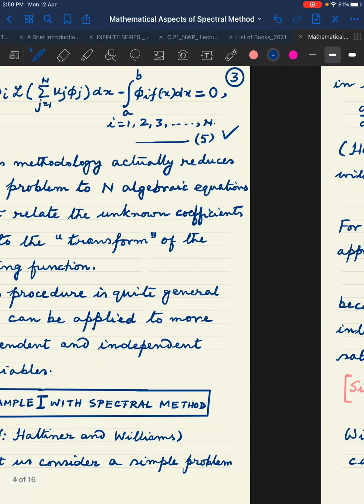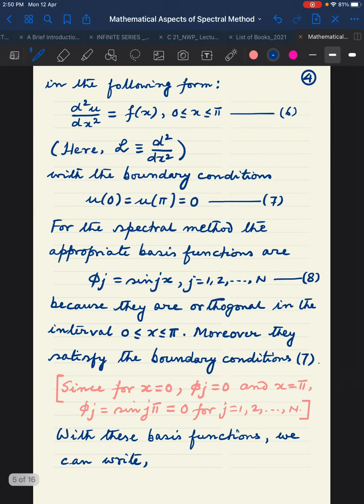So let us consider a simple problem in the following form 6: d2u dx2 equal to fx, in the domain 0 less than equal to x less than equal to pi. If you compare this simple problem with the general form of the spectral method, you can easily see that here L is equivalent to the operator d2 dx2.